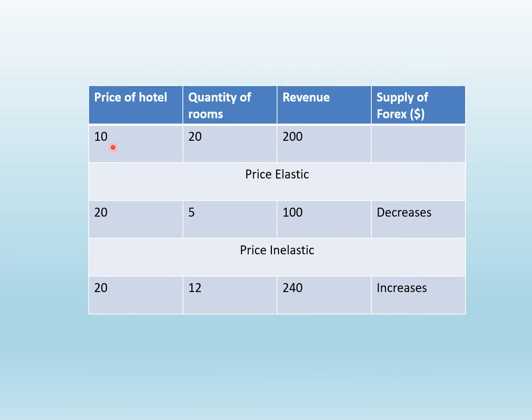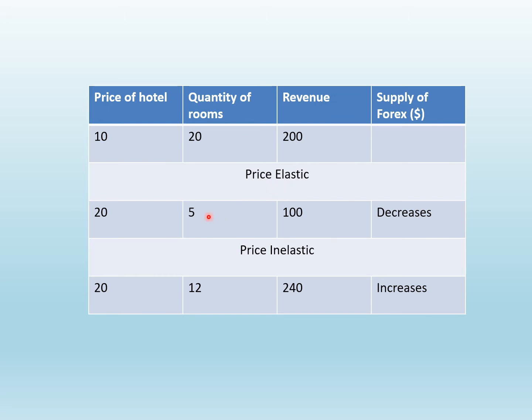So if you have a situation where the price of a hotel room is £10, there's 20 hotel rooms being rented out, the total revenue there is 200. Then the price of a hotel room goes to, say, £20 and it's price elastic. It means that there's a more than proportionate decrease in the quantity of rooms.